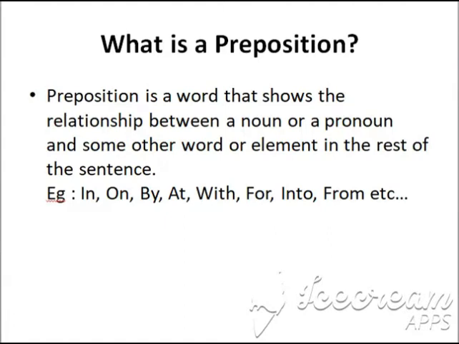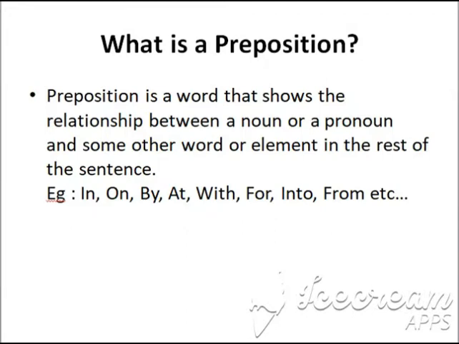For example, we use a few prepositions like in, on, by, at. These words are known as prepositions. Whenever we use these words in a sentence, we use them as prepositions.